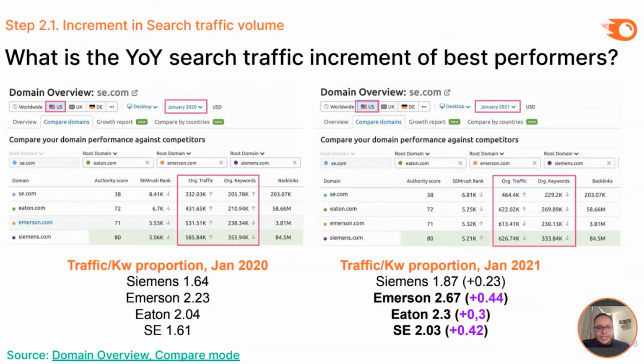In this case, let's start with the increment in search traffic volume. Here it is very easy with the domain analytics tool, which is the first one that I mentioned at the beginning of my presentation. This is domain overview. Just taking a look at the traffic that came from keywords, the organic traffic, right?